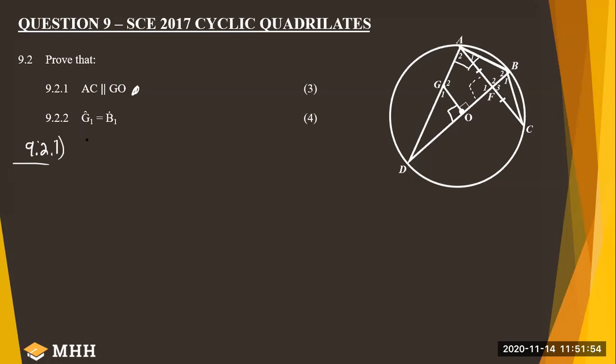Right. So I'm just going to say angle O is 90 degrees. And F1 is 90 degrees. Why? F1 is 90 degrees, line from the center of the circle bisects the chord.